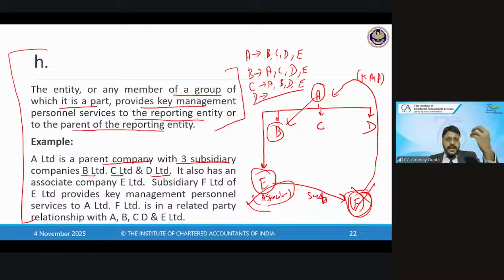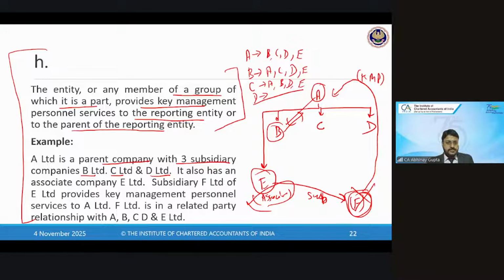So this clause is not required to cover E. Then if B is providing KMP service, again this clause is redundant because B is anyway related, whether it provides KMP or not, because it is a subsidiary of A. So all those companies which are already covered within the relationships by virtue of control, joint control, significant influence or other previous clauses have nothing to do with this clause H.